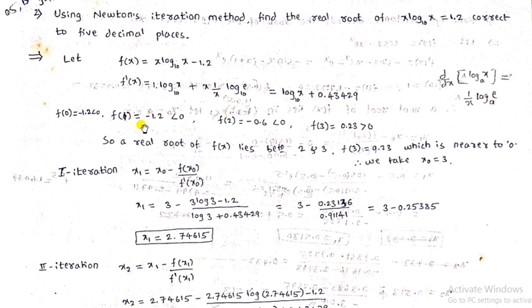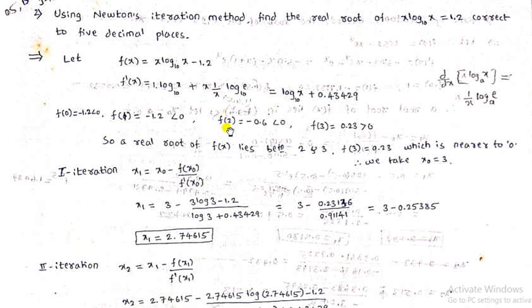So here there are totally 3 negative values and 1 positive value. So what is required is only one positive and another negative value. So therefore the real root of f of x lies between 2 and 3. So one is negative value, another one is positive value. So in place of f of 0 and f of 1, we have to use f of 2, because 2 is close to 3 compared to 1 and 0.